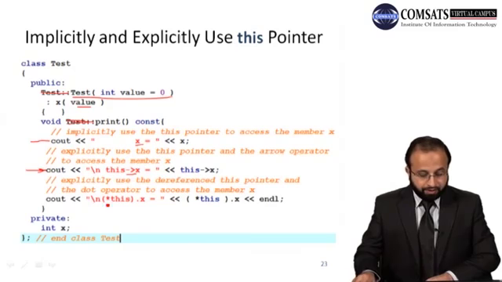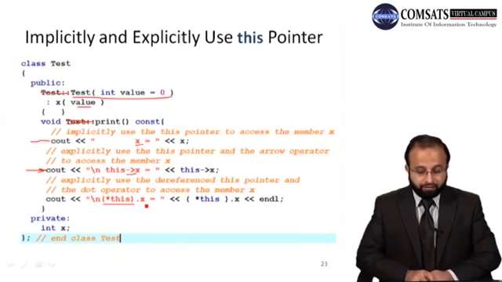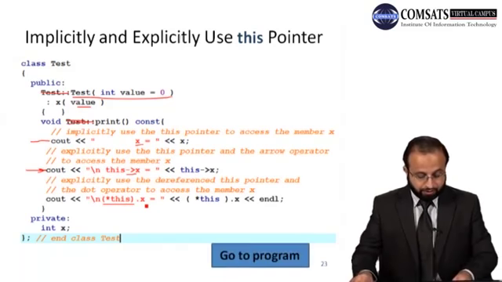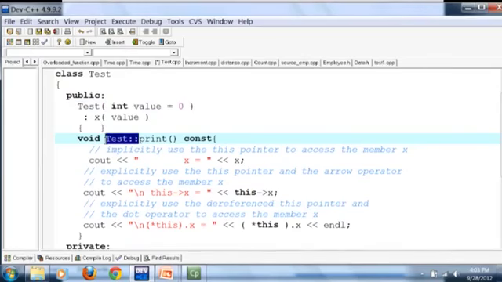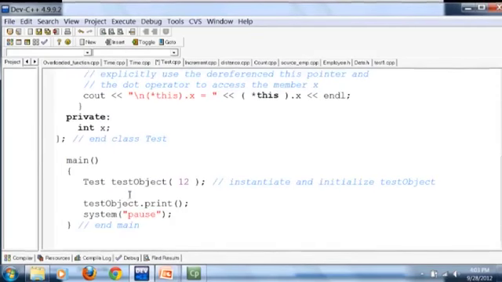So this is the dereferencing of the pointer, and when you dereference the pointer, you can use a dot operator to access the value of x, right? Let's go to the example. Let's remove this thing. Here we create a test object, assign it the value 12, and then we print the value of that object. That's it.